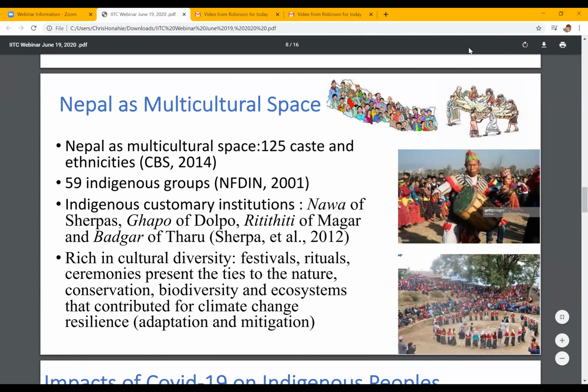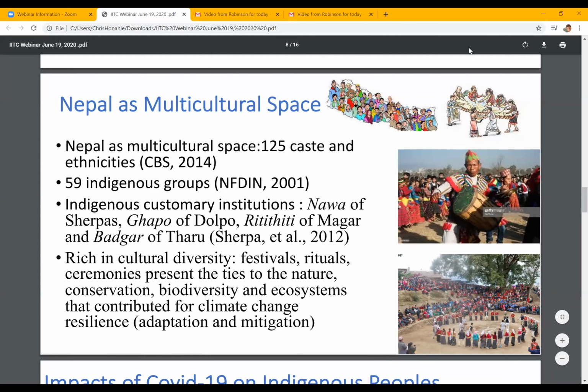All the indigenous peoples in Nepal have their own customary institutions, very much alive, with a very big role in the management of resources. For example, in my culture, the Sherpas in the mountains, we have the Nawa traditional customary institution with our self-governance, our own rules and regulations. There is Gapo for Dolpo, and so on.